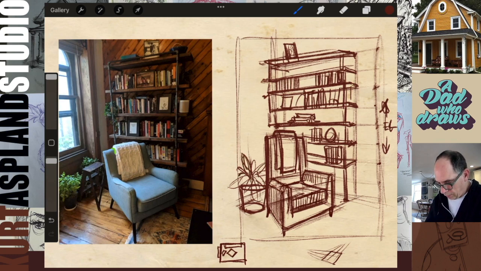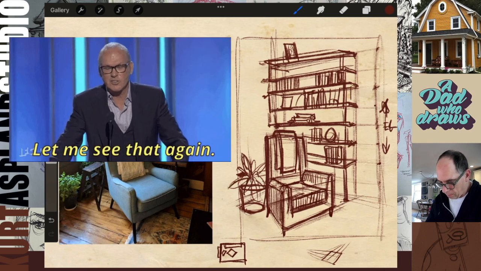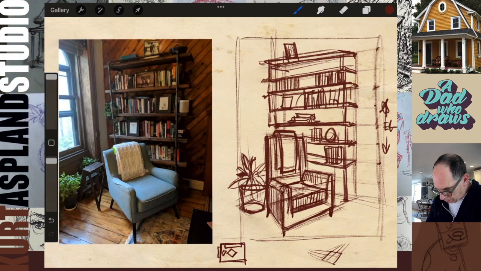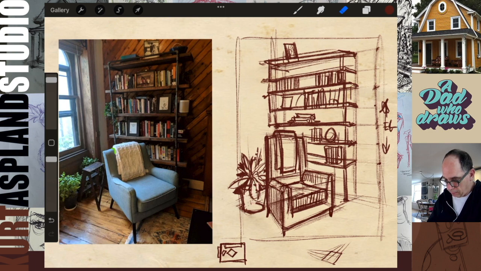I'm going to draw a little bit of a silhouette of some leaves in the back here. Okay. And then I'm going to use my eraser just a little bit on this so I can have a better feel for my leaves.